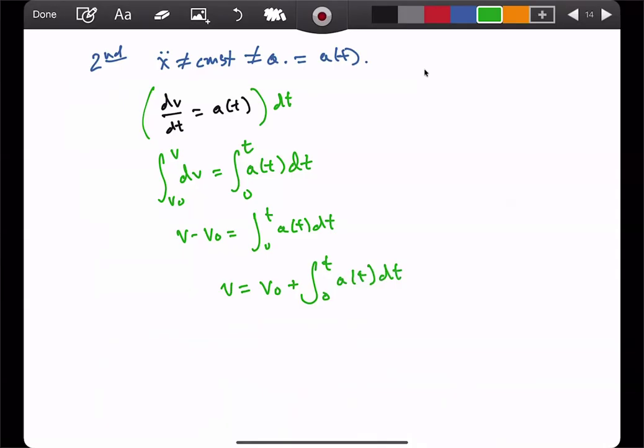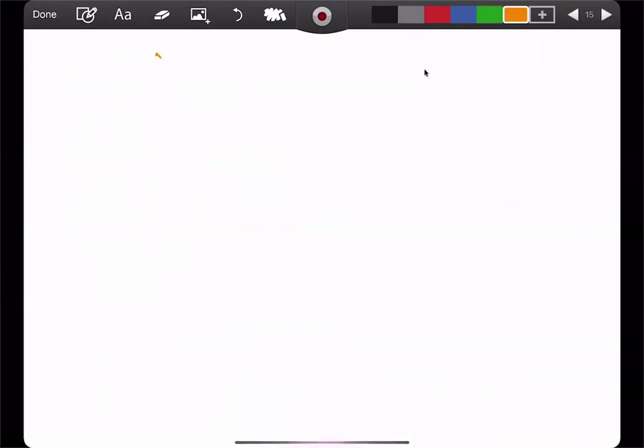From there, we can now find the position as a function of time. Noting that the velocity is equal to the time rate of change of the position, which is equal to the initial velocity plus the integral from 0 to t of a of t dt, we again use separation of variables and integrate both sides with respect to t.